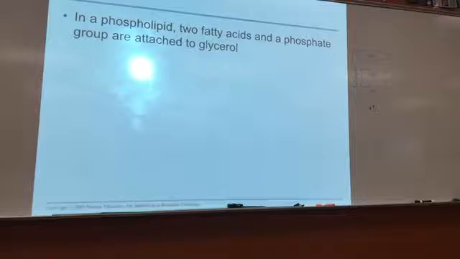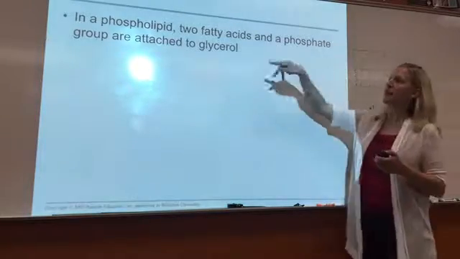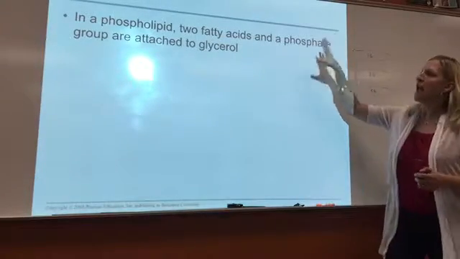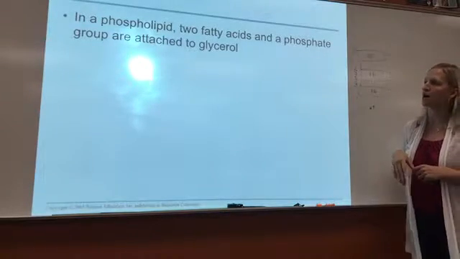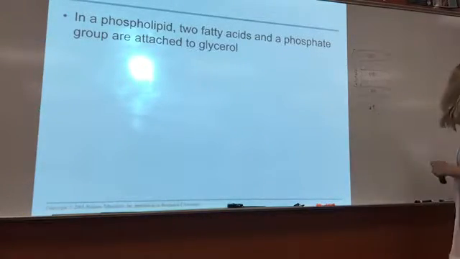All right, so let's look at phospholipids. This is category number 2 for lipids. Phospholipids are similar in construction to the triglyceride that we talked about yesterday. But instead of 3 fatty acids, notice that there's only 2, and the phosphate group is attached to a glycerol. So what does that mean?